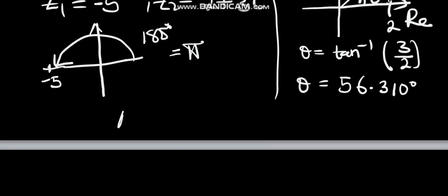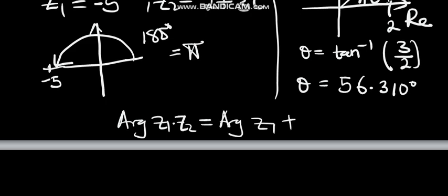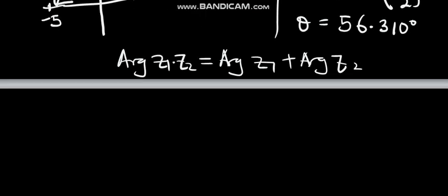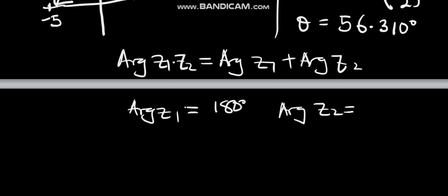Now we need to find argument of z1 times z2, and we say that it is the same as argument of z1 plus argument of z2. Is that okay? So argument of z1 we say that is the same as 180 degrees, and argument of z2 is equal to 56.310 degrees.